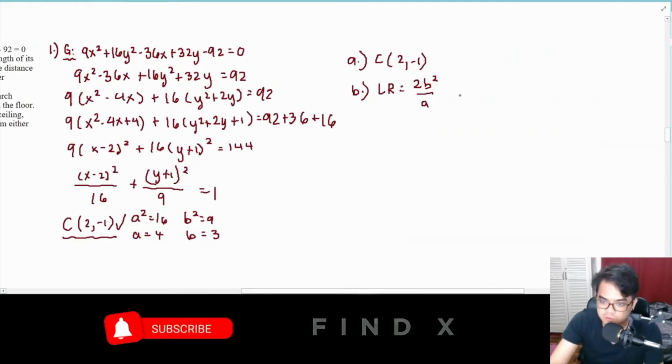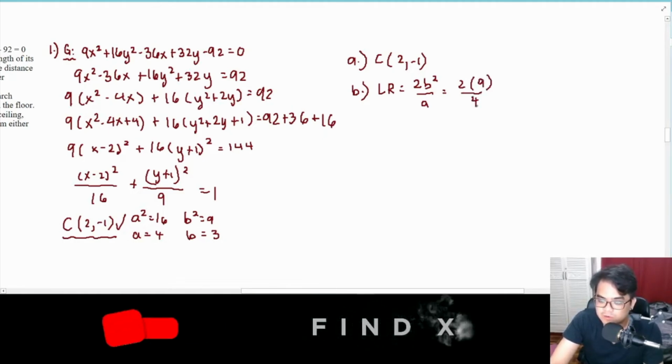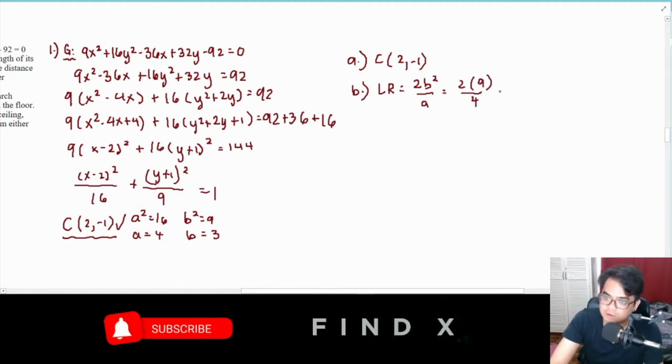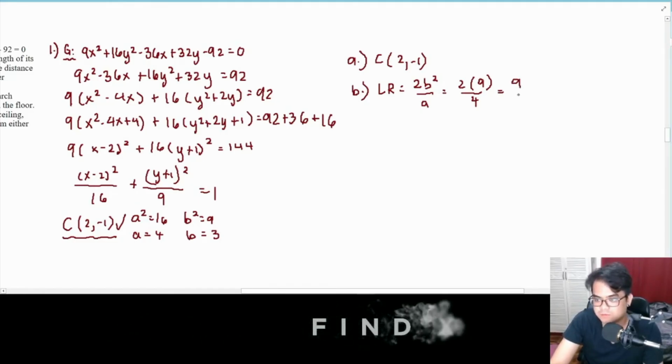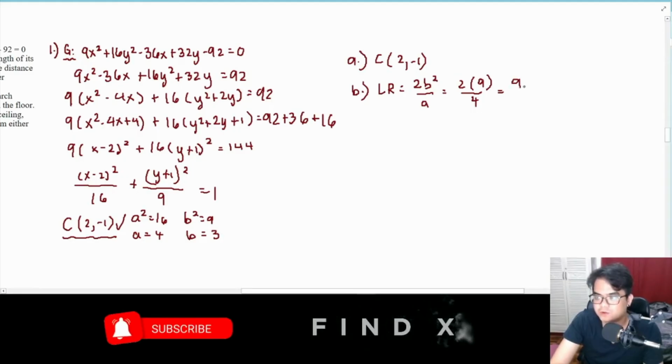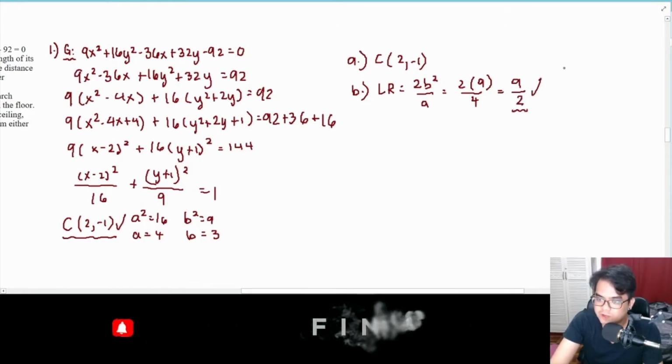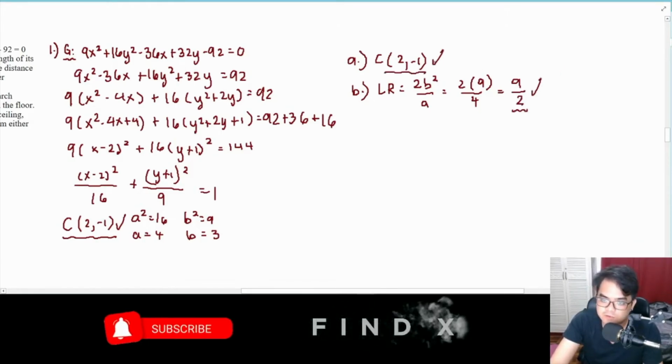So 2b squared is 9, and a is equal to 4. So this is 18 over 4, or 9 over 2, or 4.5. You can just have 9 over 2. That's 18 over 4. So this is 9 over 2, and this will be your answer.